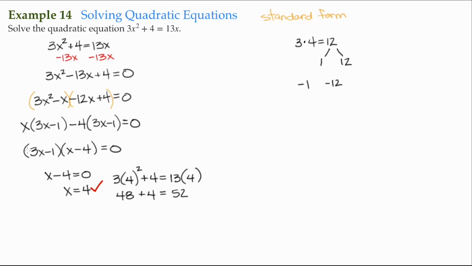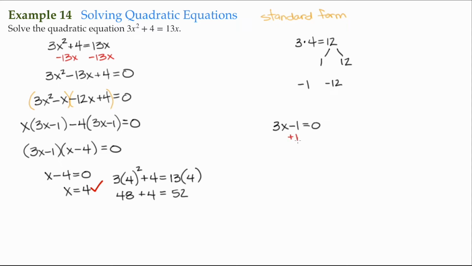Or this binomial, if this is equal to 0, then the whole thing becomes 0. So we'll do that. We'll set it to 0. 3x minus 1, if that equals 0. So we solve for x. We could do that.